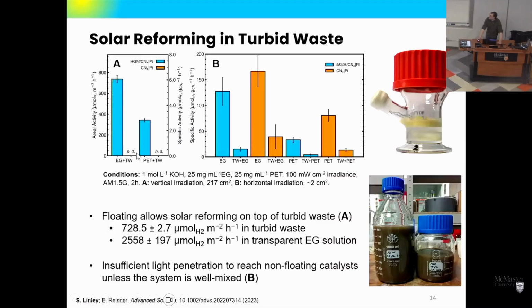If we use the non-floating catalyst material, not very surprisingly, it sinks down to the bottom of our solution, and it doesn't gather any light and is unable to produce hydrogen in those cases. And then we did some controls for that as well, but just lending some credence to the idea that this floating composite allows us to do treatment or solar reforming in substrate conditions where it wouldn't usually be possible.